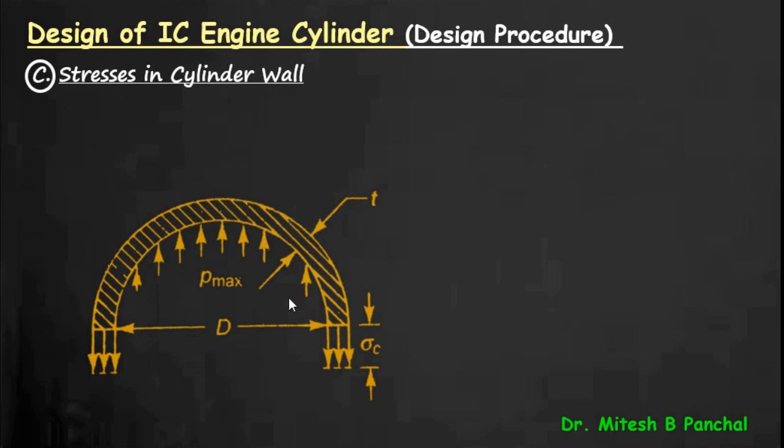Consider this figure, the half section of the cylinder, which has thickness T, bore diameter capital D, and the inside gas pressure, that is the maximum gas pressure P max.